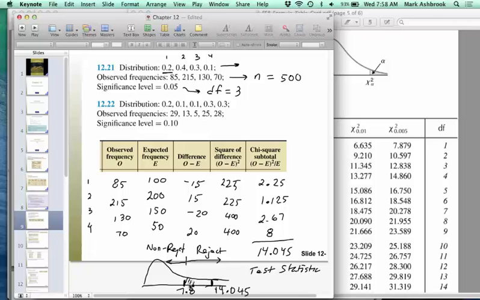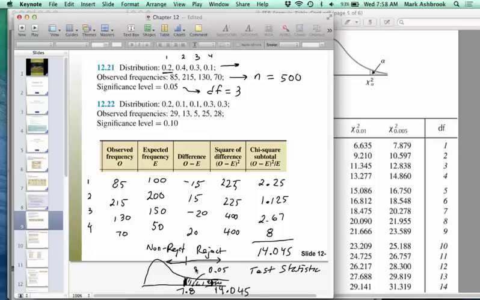And remember this 5% means, right here at 7.8, there's a 5% chance that we would reject incorrectly.